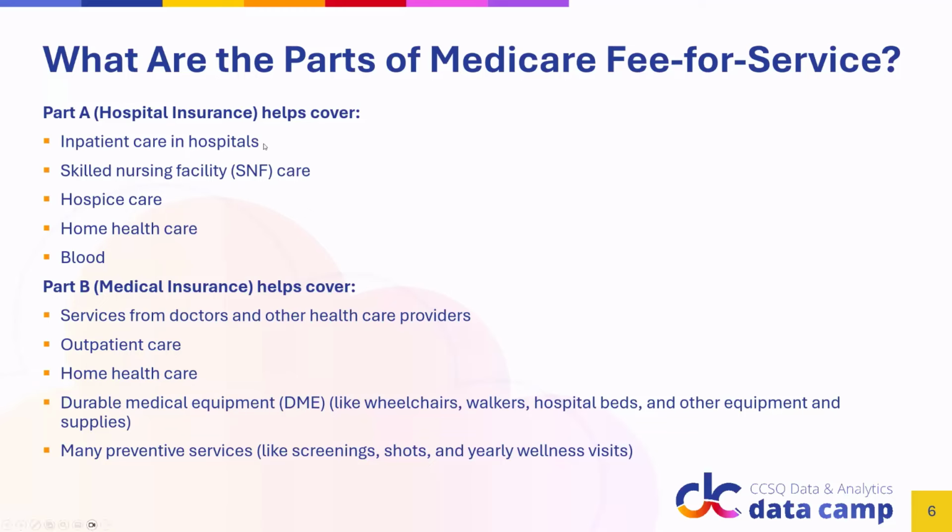As you can see, home health care services are listed under both Part A and Part B, and that is for a reason. Part A provides coverage in certain circumstances after a patient was in a hospital or skilled nursing facility. Specifically, if a patient spends at least 3 consecutive days as a hospital inpatient or has a Medicare-covered SNF stay, then Part A covers the first 100 days of home health care. A patient still must meet other home health care eligibility requirements, such as being homebound and needing skilled care.